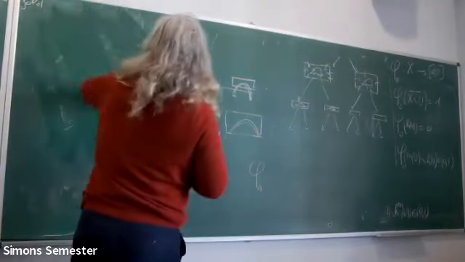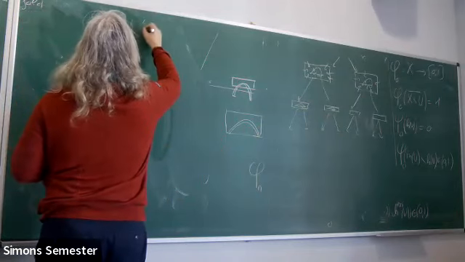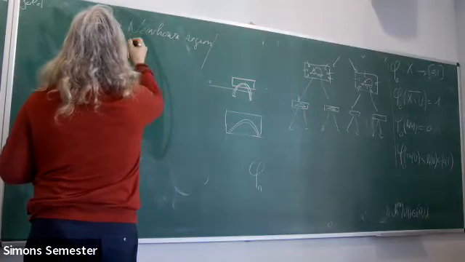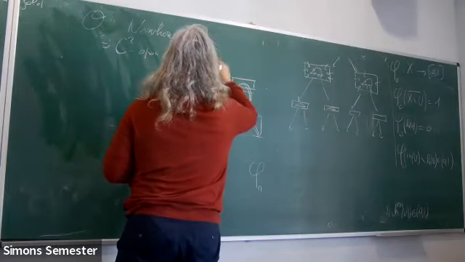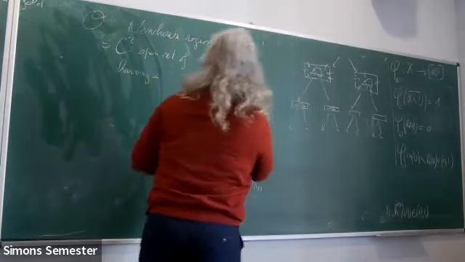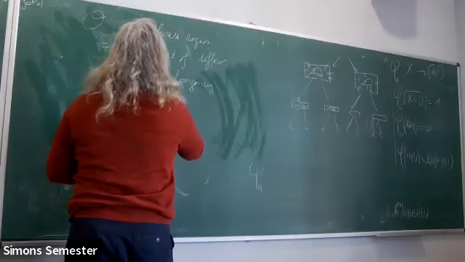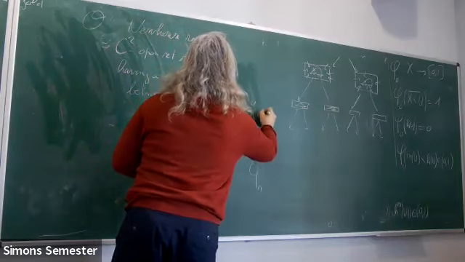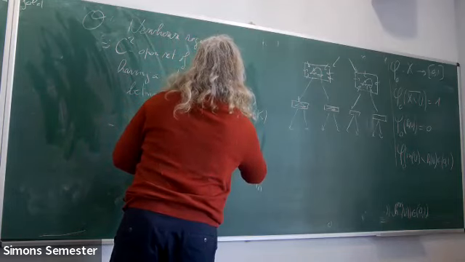So let's say you take, for example, a Newhouse region, meaning that it is a C2 open set of diffeomorphisms having a tangency between the stable manifold of some compact set K on its unstable manifold, where K is a hyperbolic basic set.